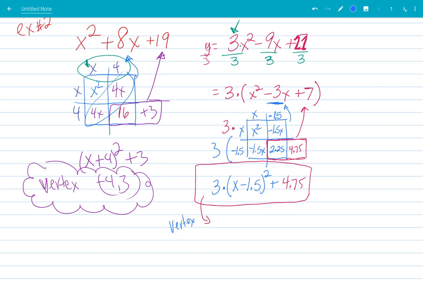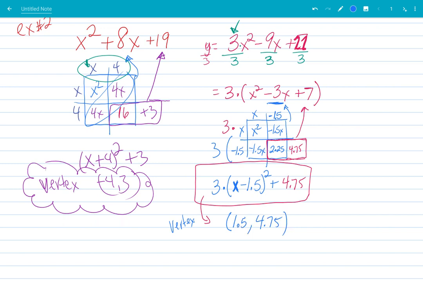What's the vertex? What can you slide into x to get rid of negative 1.5? 1.5. Yeah, 1.5, comma 4.75, right? All right, let's verify that.